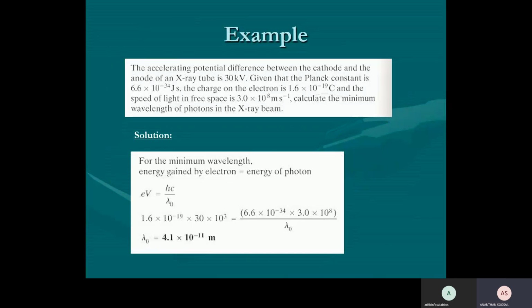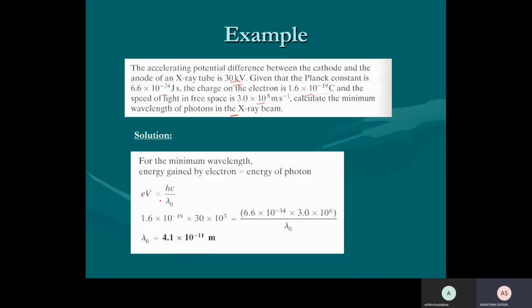Okay, so one question about calculation is to find the shortest wavelength. What is the shortest wavelength ever produced in an X-ray tube? So you see this question, look at the solution. The accelerating potential between the cathode and anode for the X-ray is 30 kilovolt. Given the Planck constant, the charge on the electron, and the speed of light, calculate the minimum wavelength.